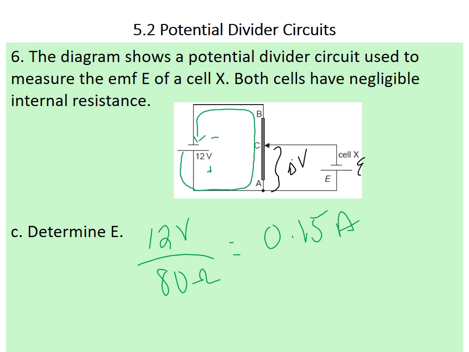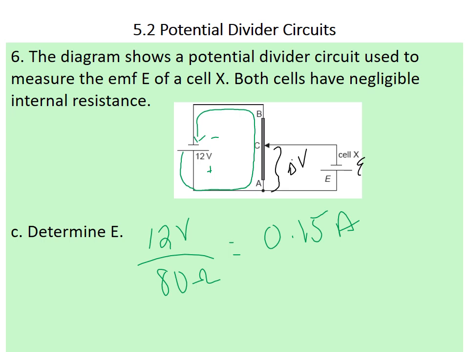So when I have 0.15 amps of current flowing across A to C, there is a potential drop from A to C. I've used the 12-volt battery, and I can measure how much voltage is dropped from A to C, knowing that the resistance from A to C, which we calculated before, was 28 ohms.